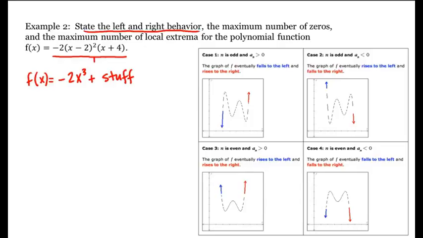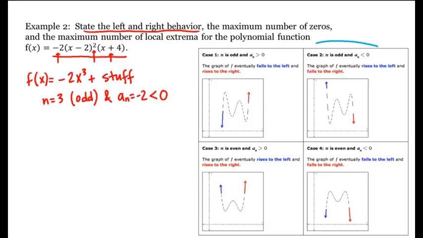Because when we square this out, we're going to have a degree 2 polynomial, which then we're multiplying by a degree 1 polynomial, which would give us a degree 3 polynomial with leading coefficient negative 2, which means n is equal to 3, which is odd, and a sub n is negative 2, which is negative.